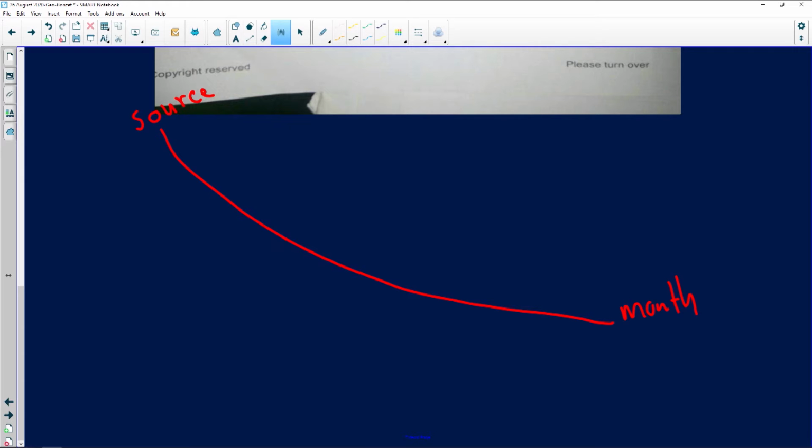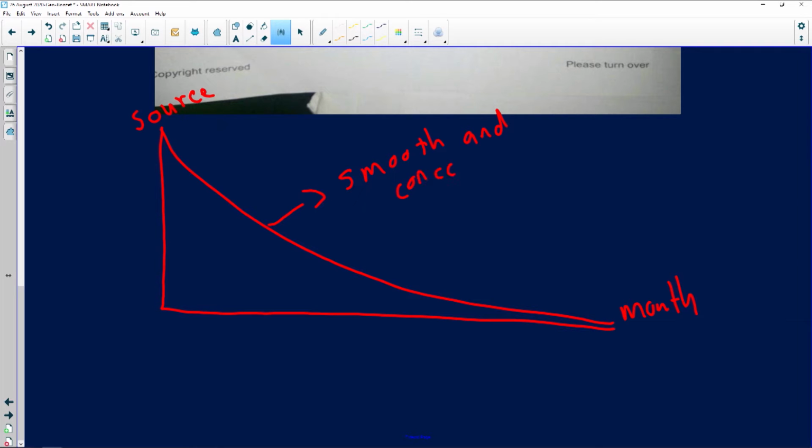That's a beautiful graded profile, as you can see. There are no nick points and no unevenness in this profile. We say it's smooth and concave in shape.